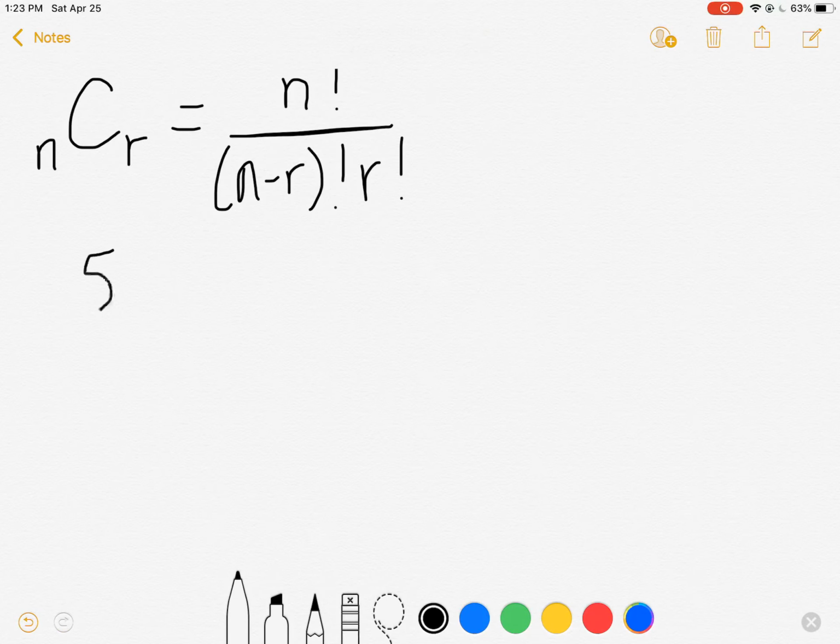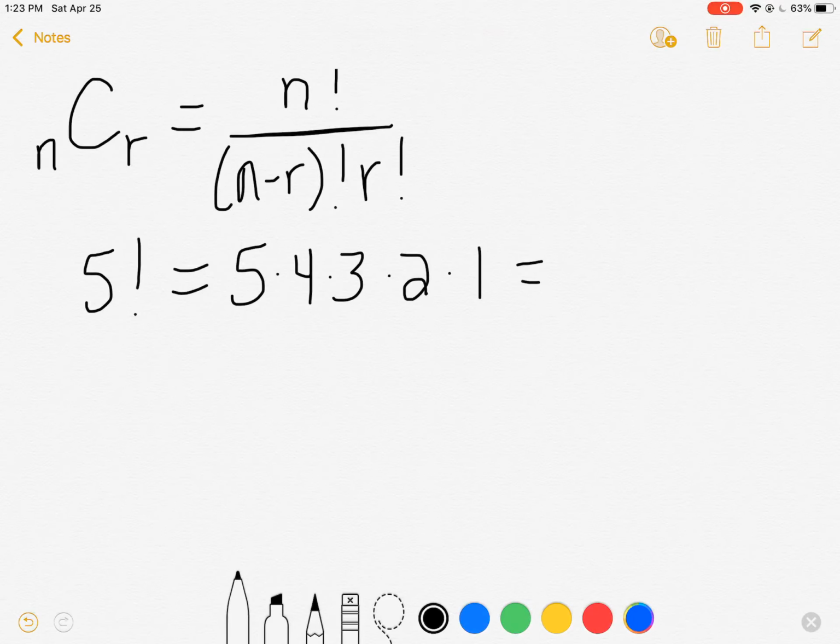So for example, 5 factorial is 5 times 4 times 3 times 2 times 1, and that's 120. You have this key in your calculator under your probability button, math menu, so it can do combination of n things taken r at a time, or you can use the formula.